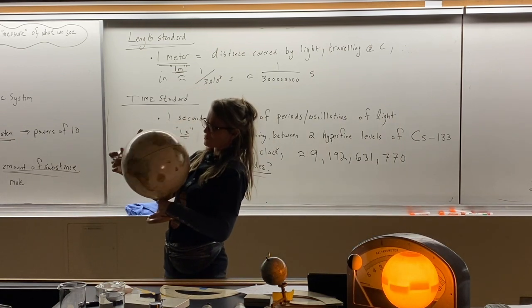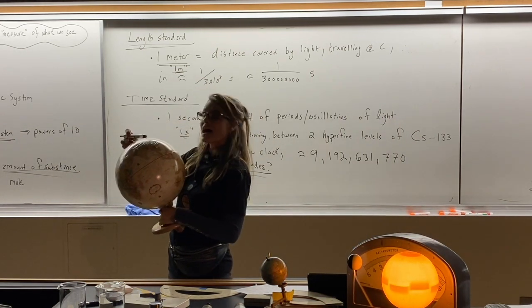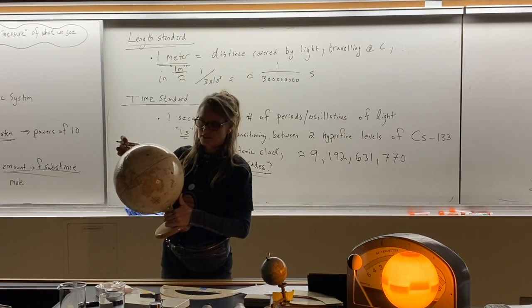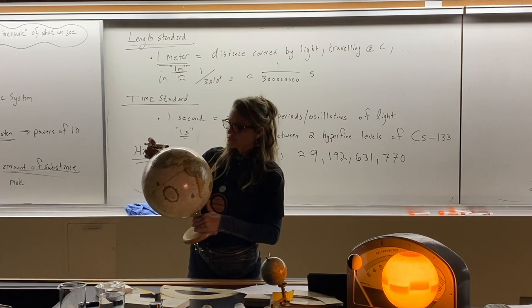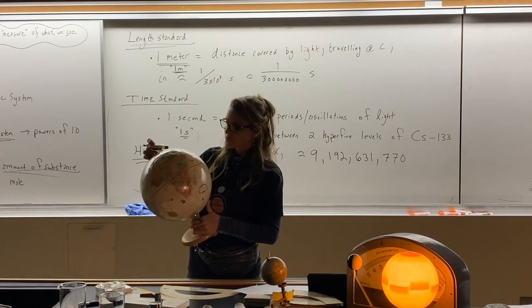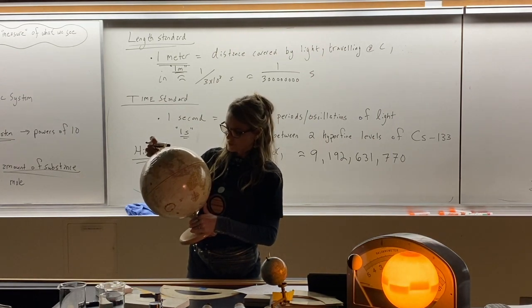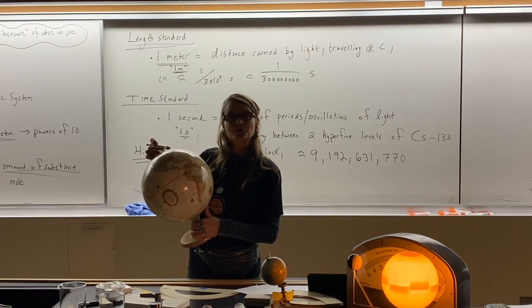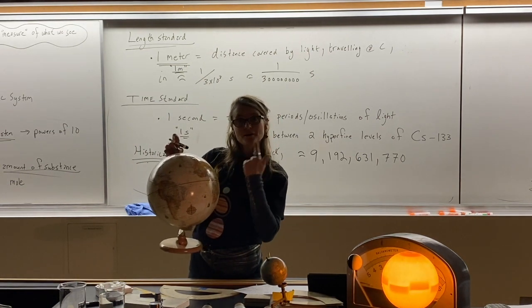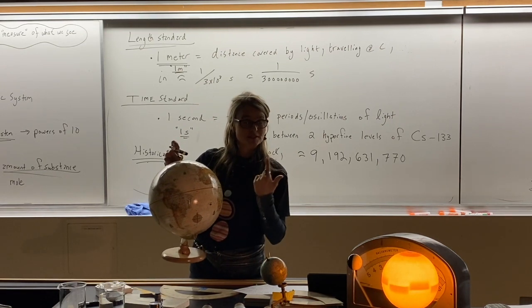We know a day is approximately 24 hours. That's not exactly exact, right? So we could say 24 hours, and then we divide it up into minutes and seconds, and define our second based on that 24-hour day. But that's not exact, in that the Earth's rotation about its axis has changed over time.